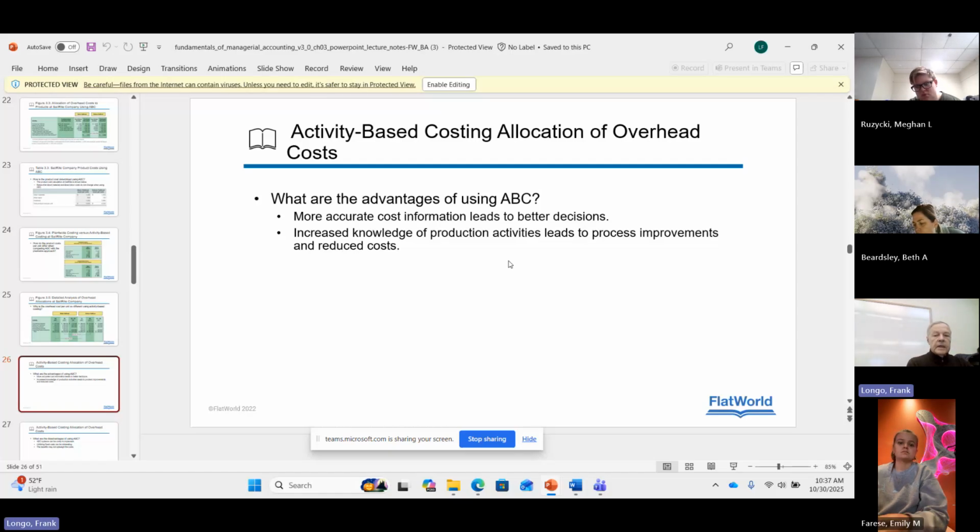The answer is, by breaking down the overhead to each activity, we can better analyze the activity. So it gives us a better means of analysis, because we're analyzing each activity.